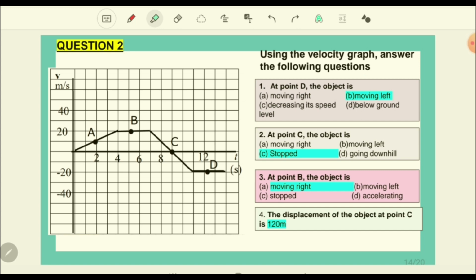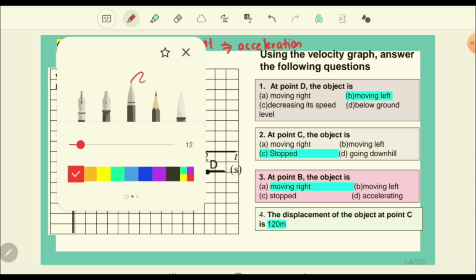Remember, for a VT graph, the gradient of the graph is the acceleration of the motion. Please remember that. We have 4 points here: A, B, and C.